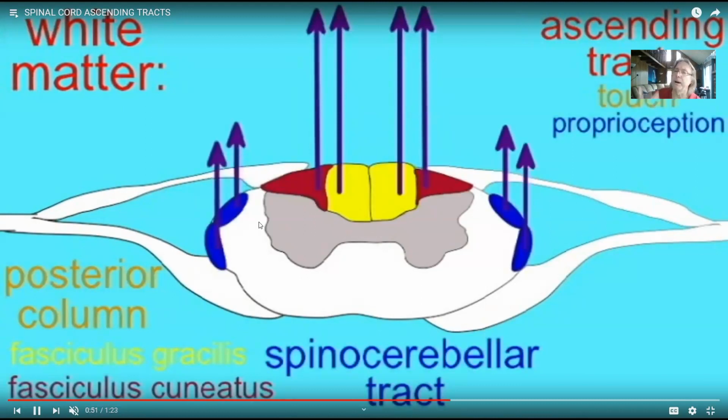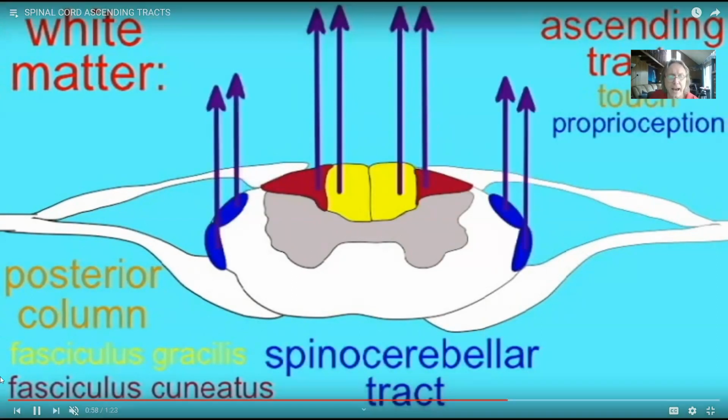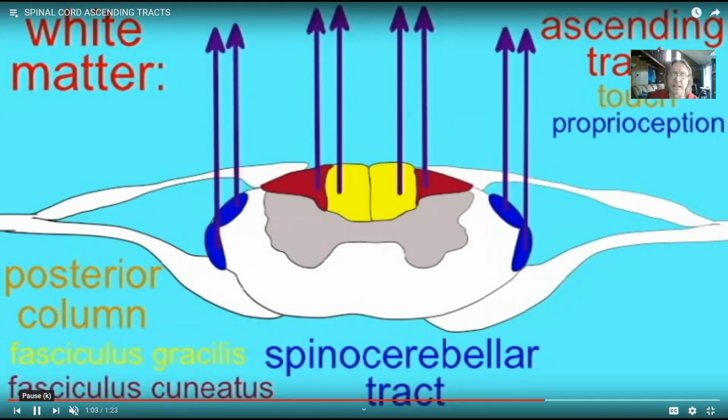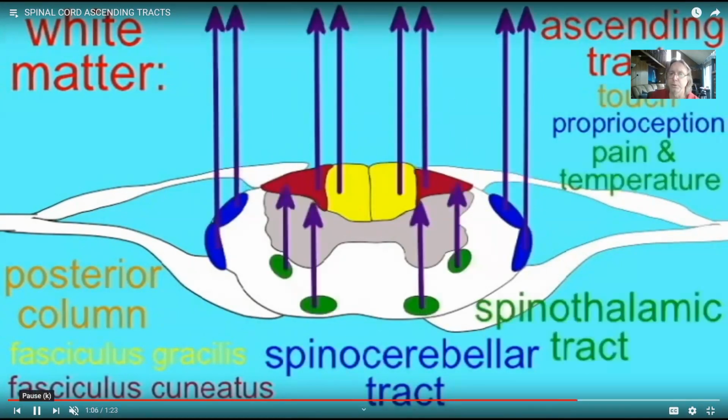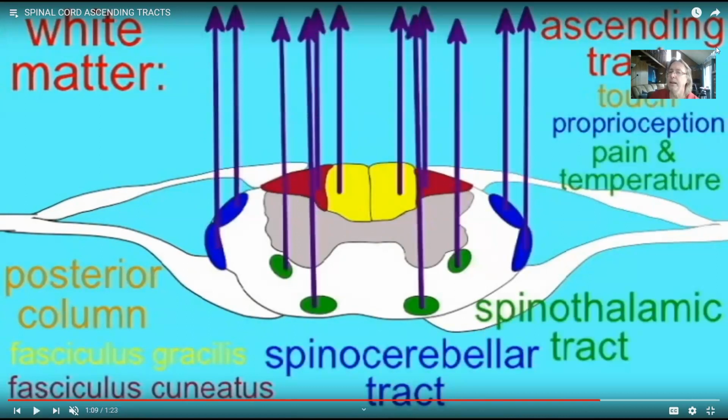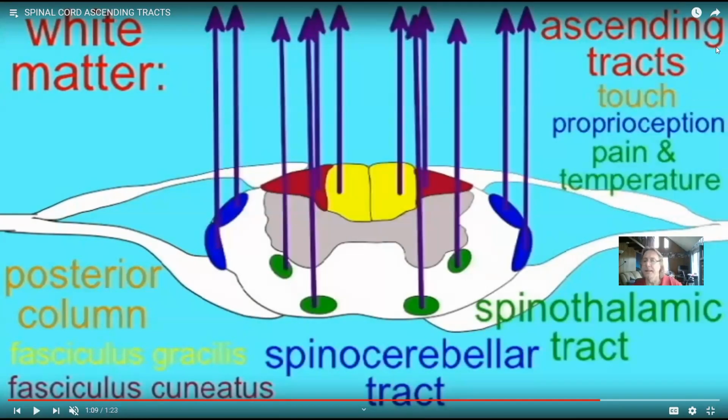Here in blue are spinocerebellar tracts carrying information about body position to the cerebellum. And then there are spinothalamic tracts, which will carry pain and temperature information. So not only is the white matter organized, that's where the axons are, but the ascending tracts are separate from the descending tracts.